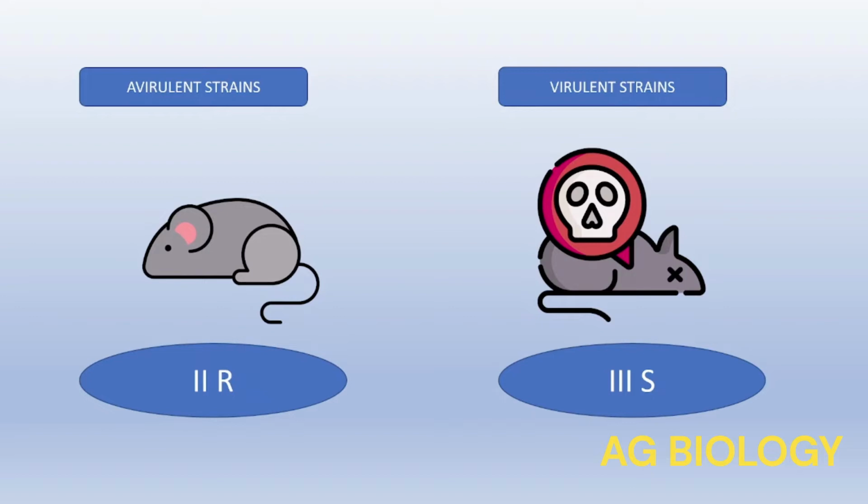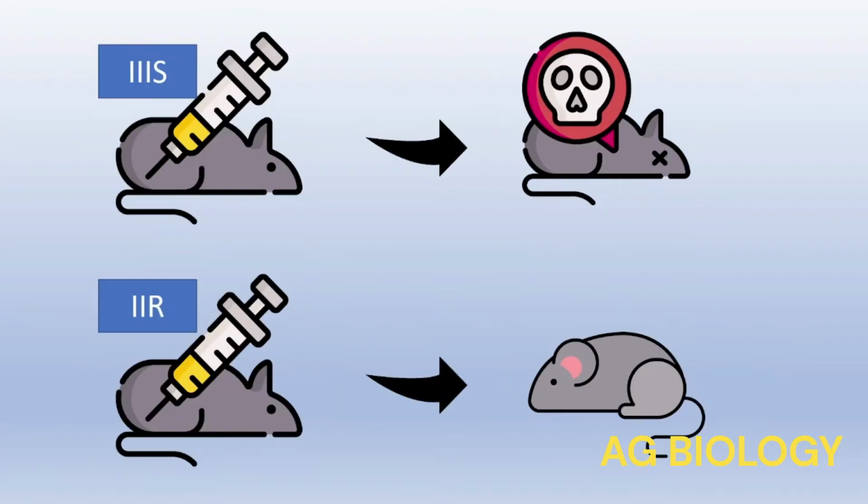If you inject type 2 R or type 3 S strains into mice, which would cause illness and eventually death? Right, the virulent type 3 S strain. On the other hand, injecting type 2 R cells, the non-encapsulated avirulent strain, into the mice didn't cause any illness. The mice remained healthy.